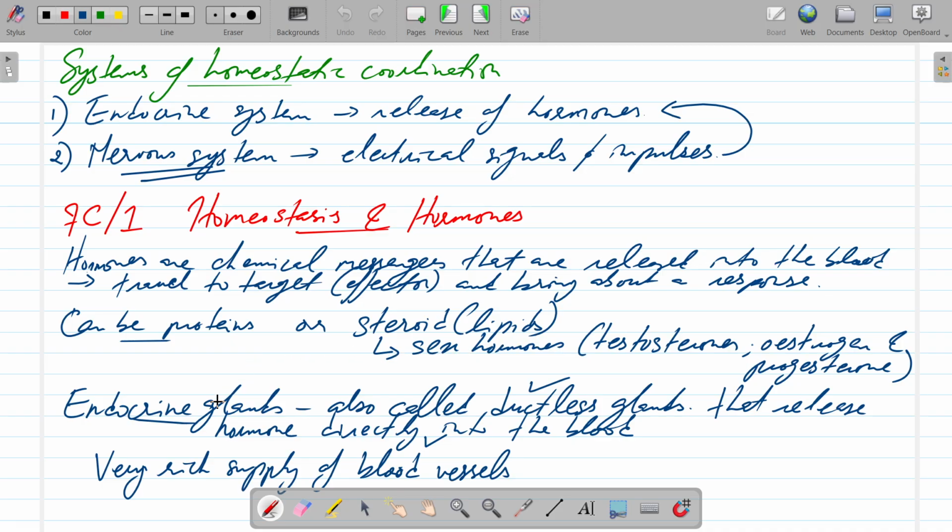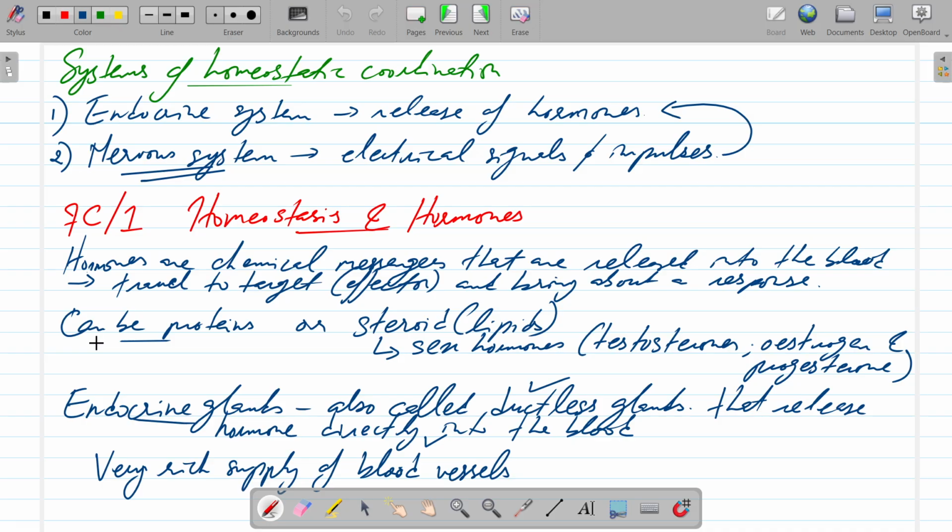The endocrine system contains glands. They're called ductless glands. They release hormones directly into the blood. They don't have any vessels or tubes through which they travel. It's just secreting it into the tissue fluid, and from there diffusion into the nearby capillaries very close by.